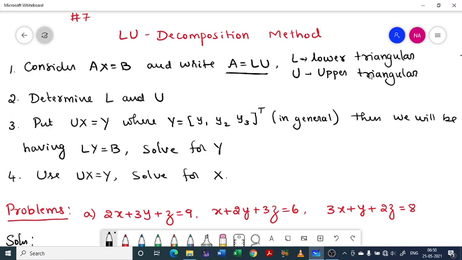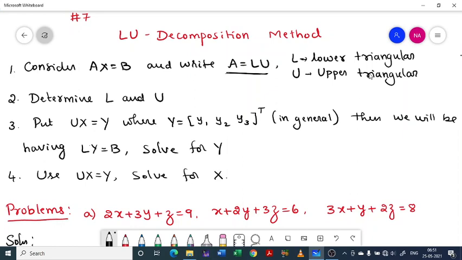Now some of you may get one question: why do we need this lengthy method? We have Gauss elimination method and Gauss-Jordan elimination method, where only row operations are enough to determine the solution of a system of equations. There is no necessity of writing one matrix in terms of other matrices, just like A equal to LU.